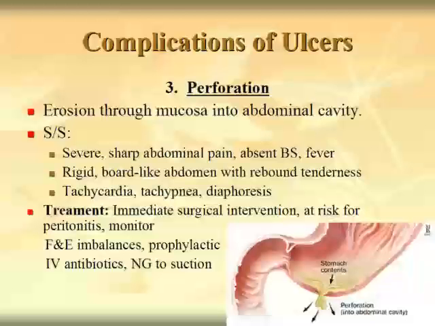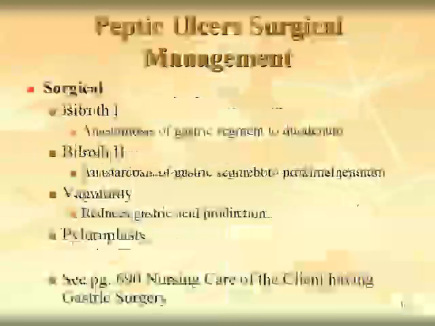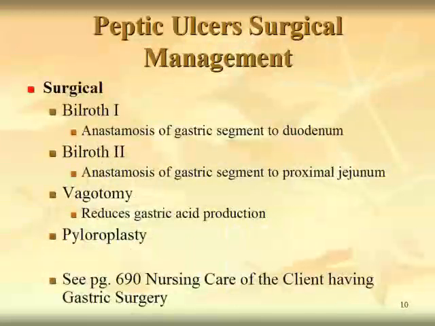So these patients need to go to surgery right away because they're at high risk for hemorrhaging out. And afterwards, it's going to be important that they're on IV antibiotics and that they have an NG in.